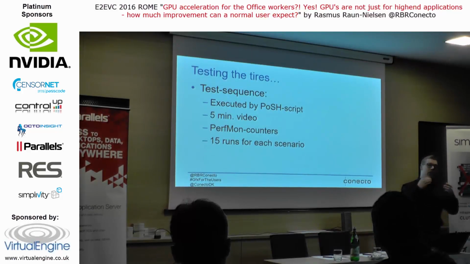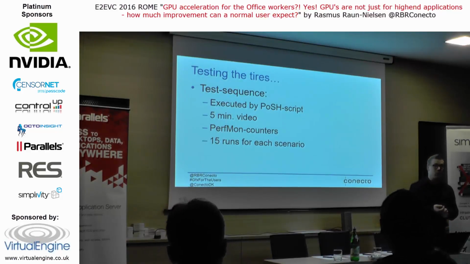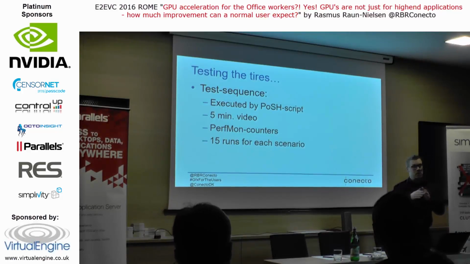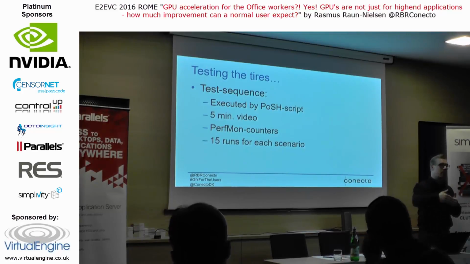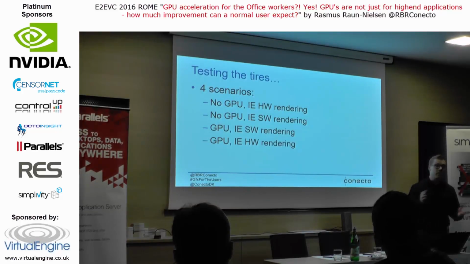And again, the perfmon counters were done specifically on the Internet Explorer process and the other processes as well. Only this time it was time fixed, whereas before it was controlling each time when the process was running. And this time I did 15 runs for each scenario, and again 4 scenarios, with and without hardware rendering, with and without GPU.